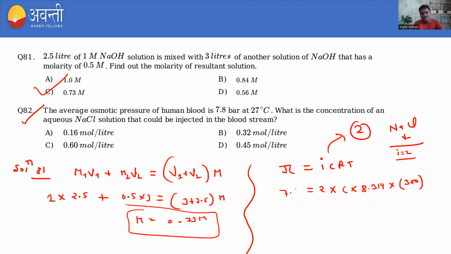It's a very simple question, just calculate C. Solving, it comes out to be 0.16 mole per liter. So this is the correct answer, that is C, concentration.